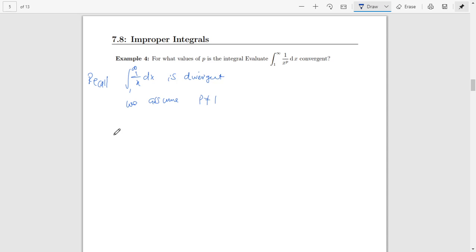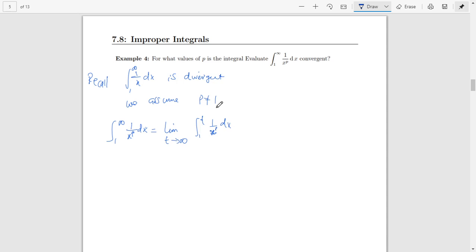Now let's evaluate this integral using improper integrals to see other values of p for which this will converge or diverge. Well, by the definition of an improper integral of type 1, this can be written as the limit as t tends towards infinity of the integral from 1 to t of 1 over x to the power of p dx.